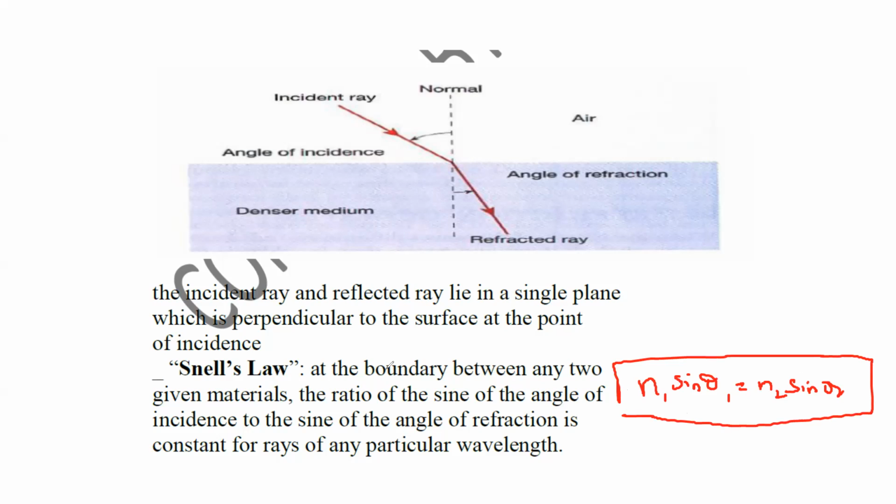So Snell's law at the boundary between two given materials is the ratio of the sine of the angle of incidence to the sine of the angle of refraction. So this formula is important. You have to learn this, and we'll do some questions related to this topic later as well.